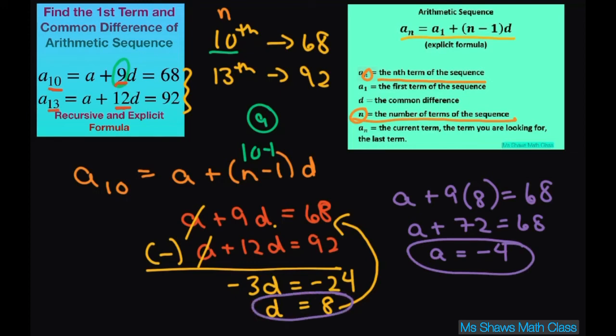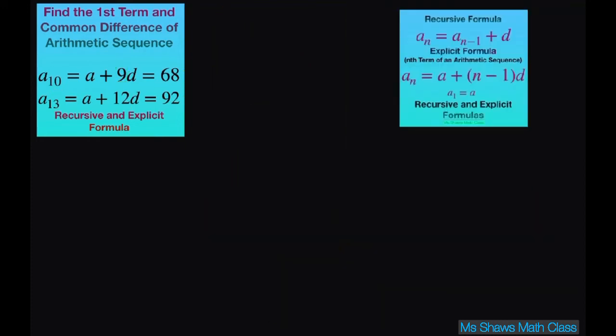All right, and then all we have to do, now that we have our A and D, is to write our formulas. So A is negative 4, and D is 8. And here are your two formulas you're using. So all you're going to do is substitute. You have a D, so you just have to fill in the D for the recursive formula.